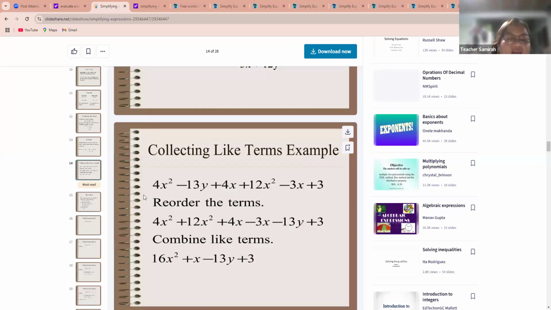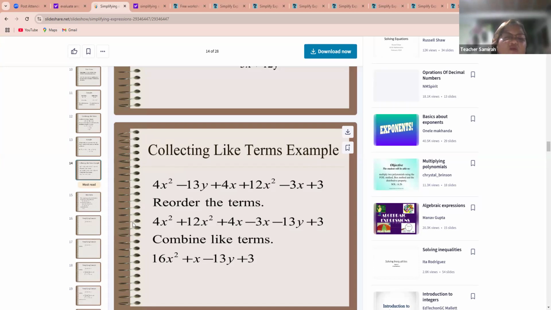So we have 4x squared, another one which is 12x squared, another one 4x, another one negative 3x, and then negative 13y, and then positive 3.